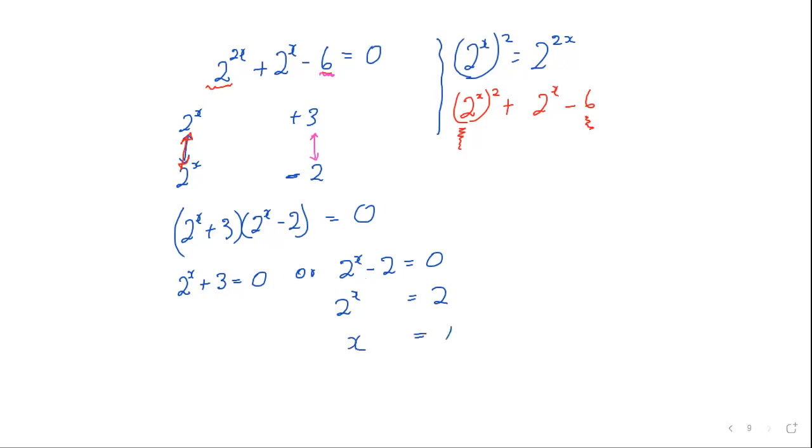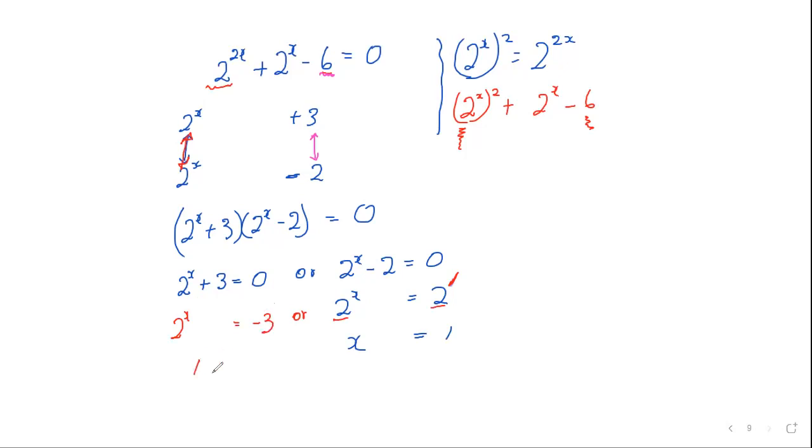Because there is a 1 there, the bases are the same. We equate the exponents, so on this side we have 2x is equal to negative 3.